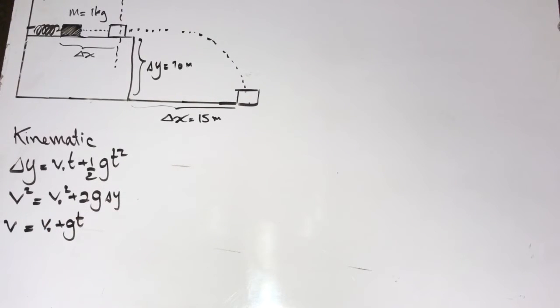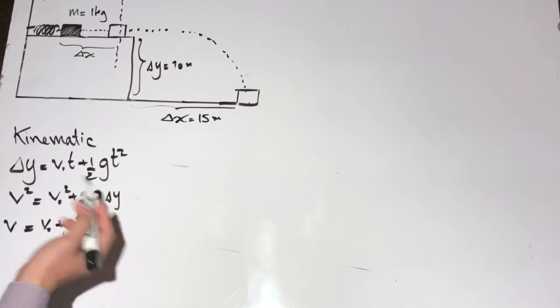You can see 3 different equations, right? Yes, you can. You know the height, so you can figure out the time from there. With this one, you know the height, you don't know the time, but we're looking for time.